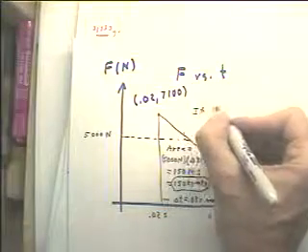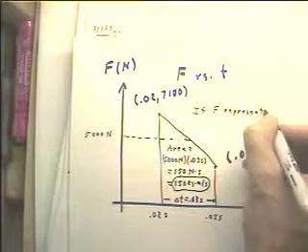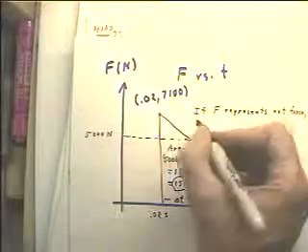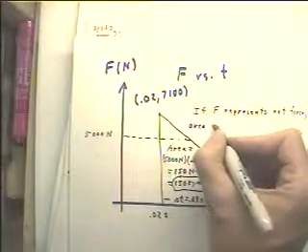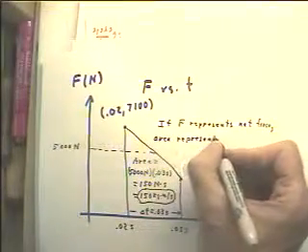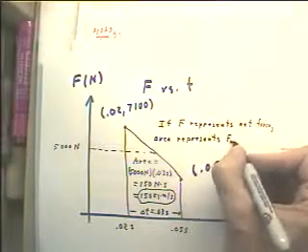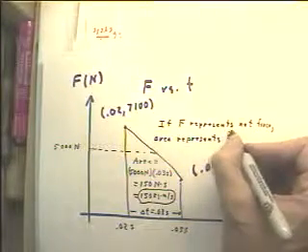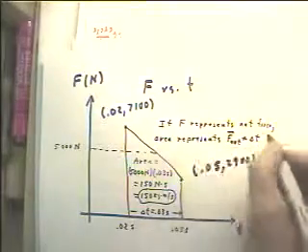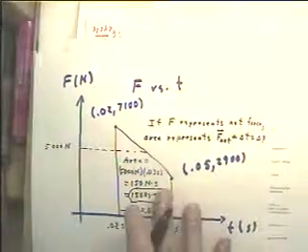So if F represents net force, area represents average net force, times delta T, which equals delta P, the change in momentum.